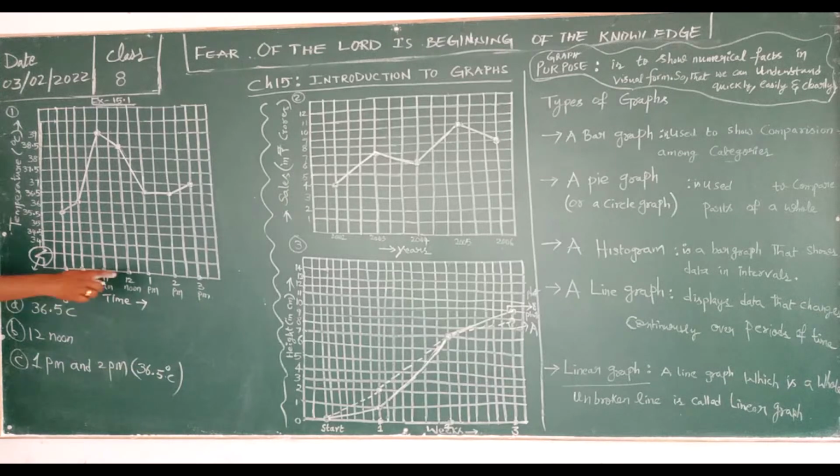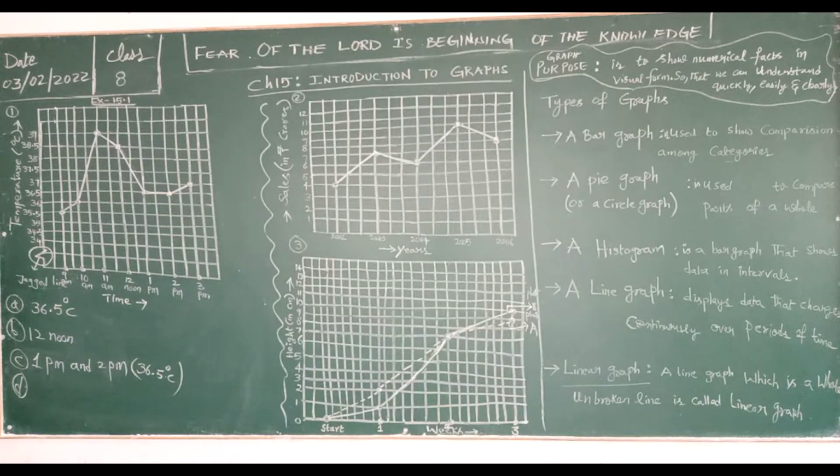Okay. At 1 p.m. and 2 p.m. the temperature is the same. You observe these two dots here. So the temperature is same at 1 p.m. and 2 p.m., and that is 36.5 degrees Celsius. Okay, next one, D. Whoever wrote this answer, give them claps.